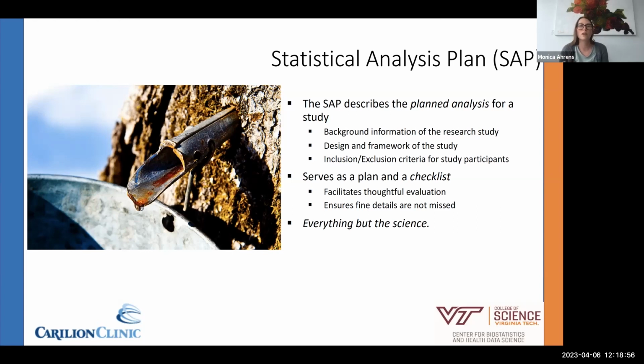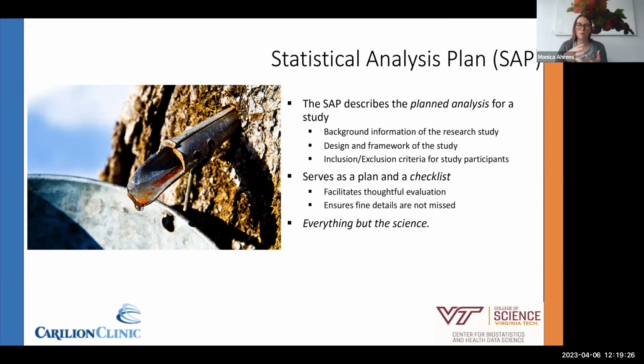So what goes into a statistical analysis plan? The background info of the research study. And again, Tonja and I have both mentioned, we're not clinicians. So it's always super nice when we start working with someone, we get the basic papers about the topic, and we can read and grasp a little bit about what's going on. We'll put that into the statistical analysis plan to remind ourselves over and over again what the clinical relevance is and what's going on in the science.